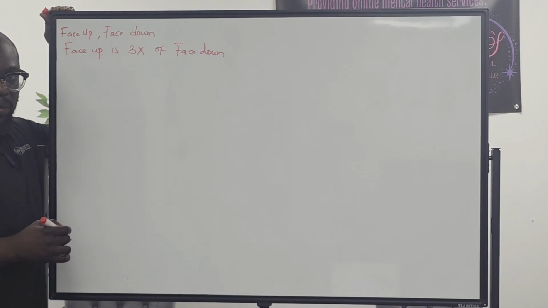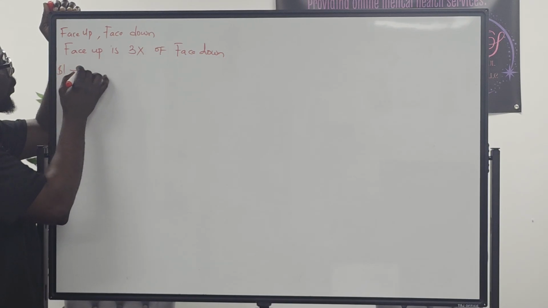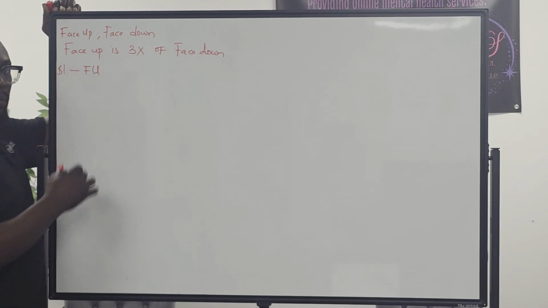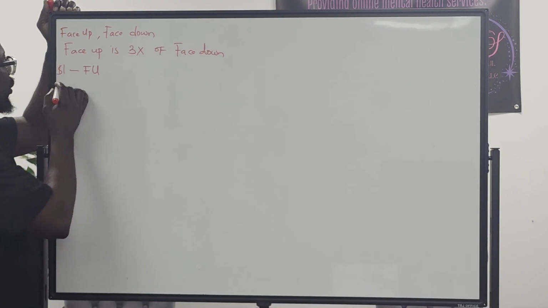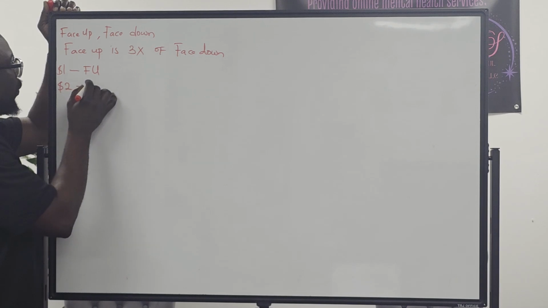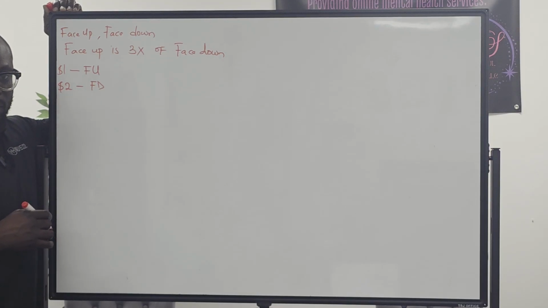In a certain game, the player wins $1 when coin C lands face up. So $1 for face up, let's call that FU. And the player wins $2 when coin C lands face down. So $2 for FD.